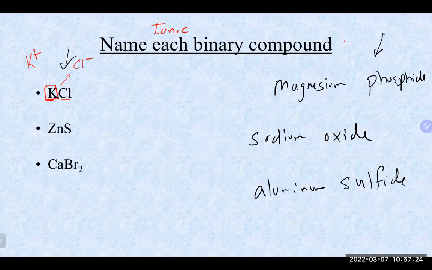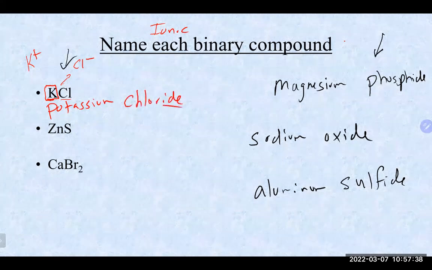Really, at that point, once we recognize it as a type 1 metal, that's all we need. We're going to go with the whole name of the metal, which is potassium. And chlorine becomes chloride, IDE at the end of it, and we end up with potassium chloride. Any questions on that name there?